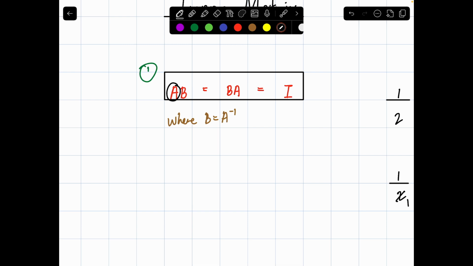Take any matrix A, and when you multiply it by its inverse, you get back the 1, which is the identity matrix of that particular format of matrix. It works both ways, A times B as well as B times A.